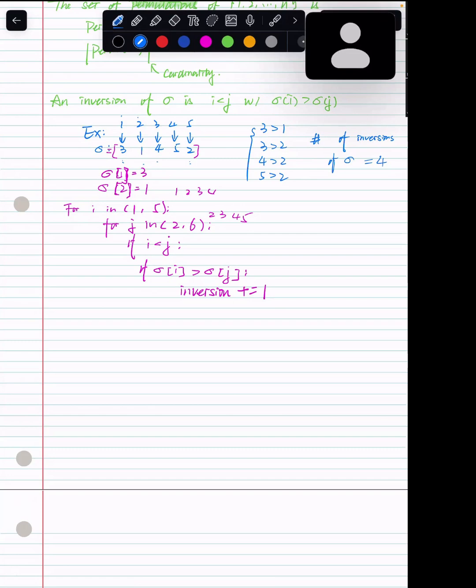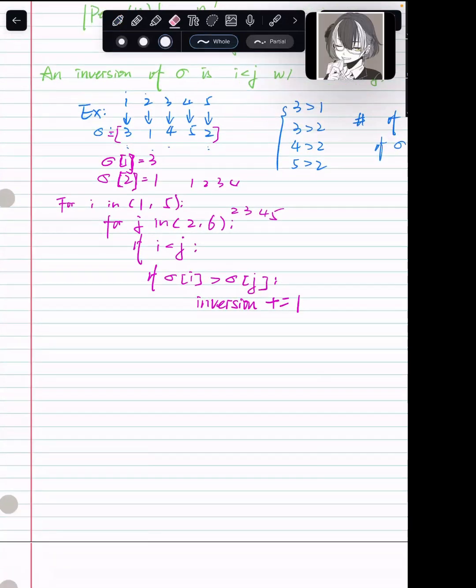No. Not yet. Good. So this is when we talk about a Python list, but we can also think of sigma, like any permutation, as a map. Sigma is one of the permutations and it maps 1 to 3, 2 to 1, 3 to 4, and so on.